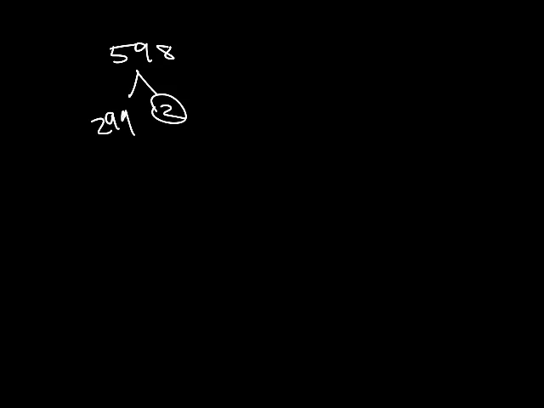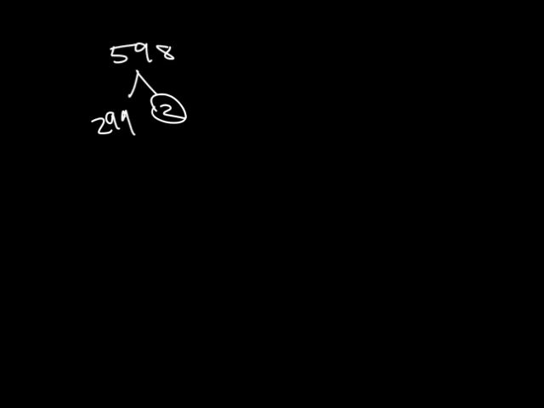299. Does anything go into 299? Well, your options are pretty much 1, 2, 3, 4, 5, 6, 7, 8, 9. And I know 2 doesn't, I know 4 doesn't, and I know 6 doesn't, and I know 8 doesn't because it's not an even number.